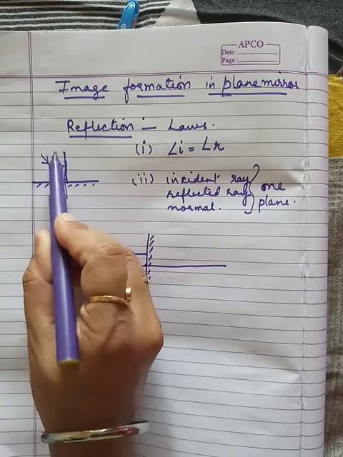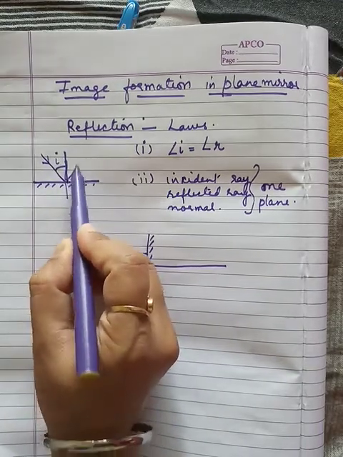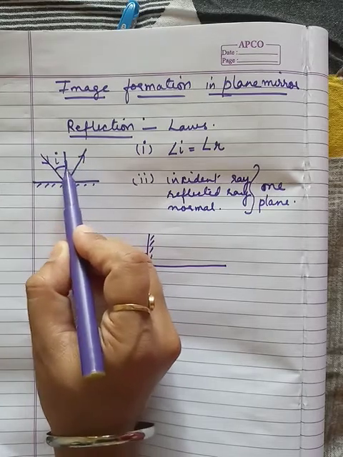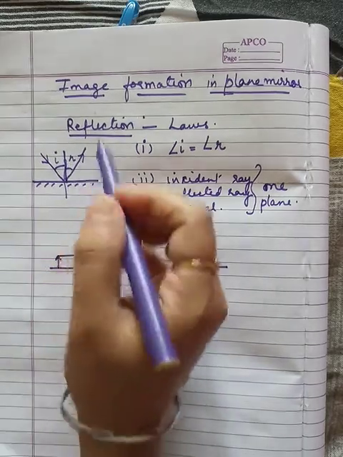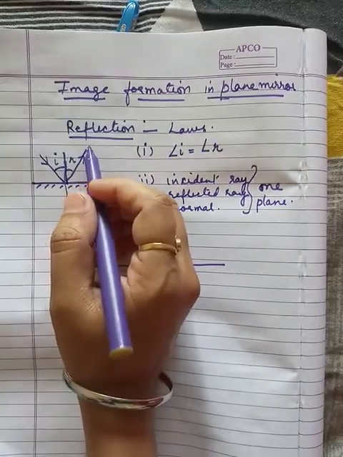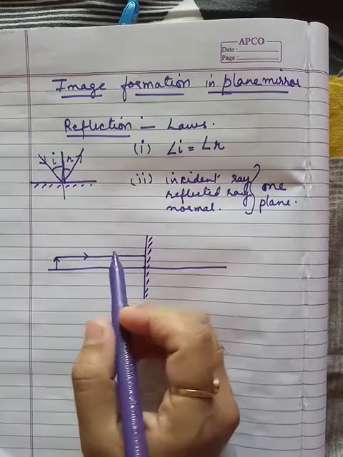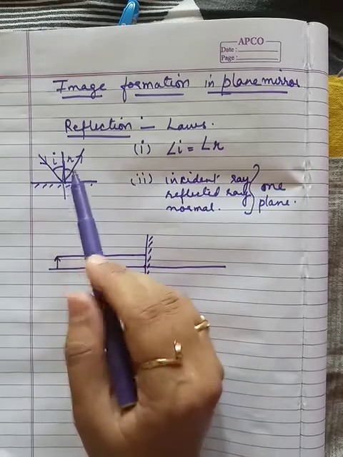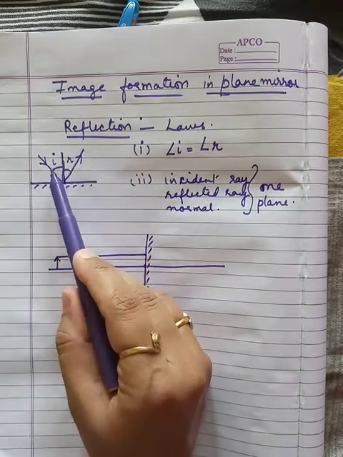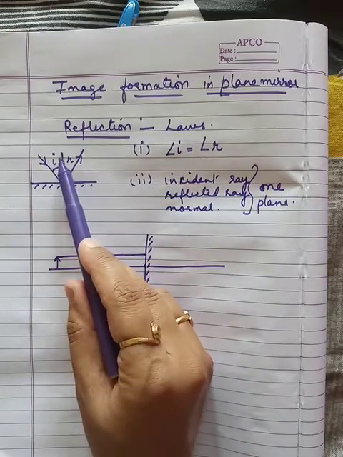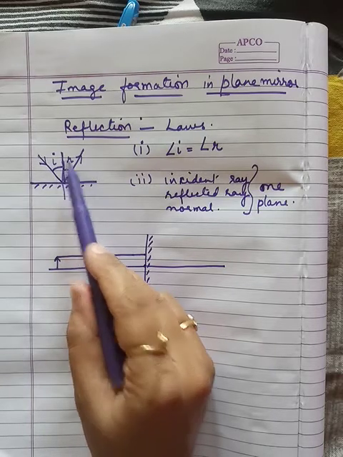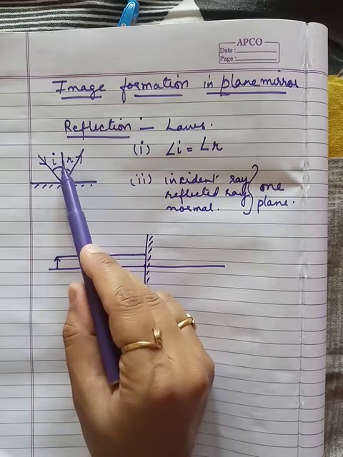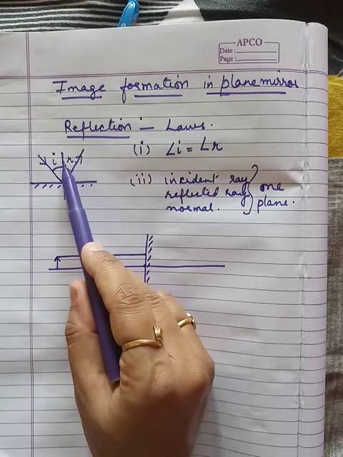So this angle is the angle of incidence, and the reflected ray goes like this, angle R. So if this is the incident ray and this is the reflected ray, the angle of incidence is between the incident ray and the normal. The angle of reflection is between the reflected ray and the normal.